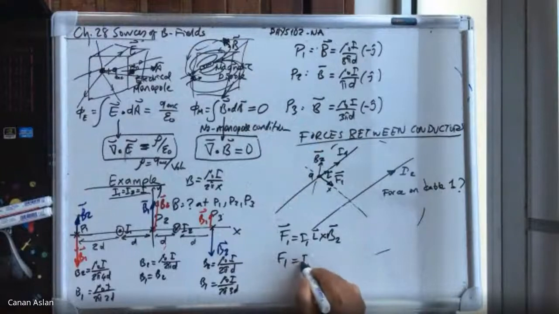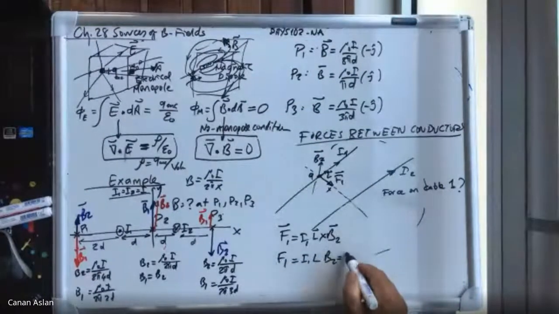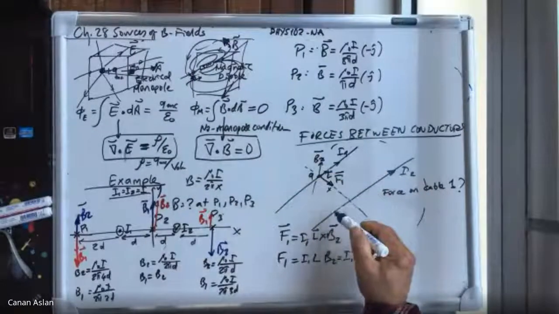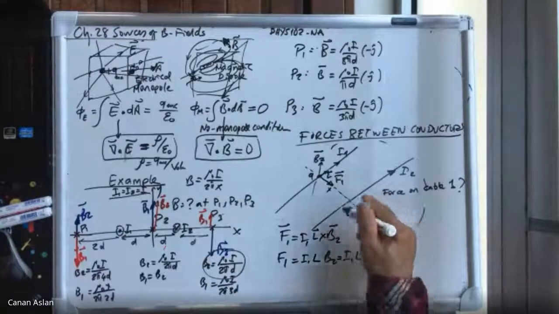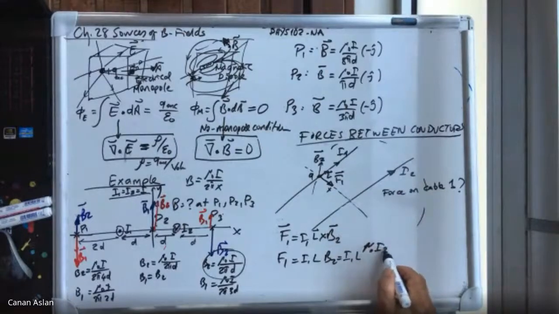F1 will be equal to I1 times L times B2. B2 is given by the magnetic field due to the current, mu 0 I2 divided by 2 pi times the distance between them, which is now x.